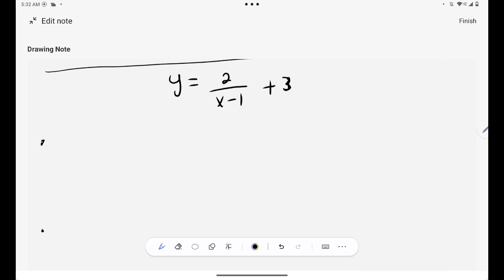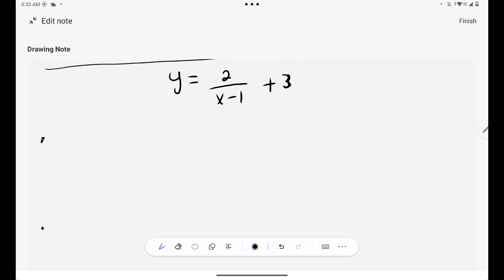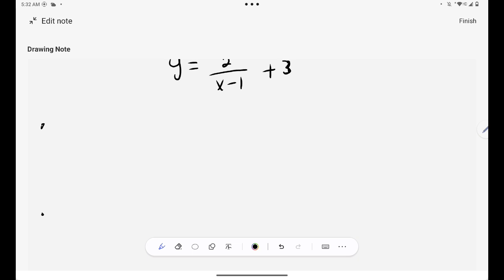The first thing you need to do, and what I like about the question paper is that they will ask you these things bit by bit. Maybe the first question will be like, write down the equation of the asymptotes. Then you write them down. Second question, calculate the x-intercept. You do so. Then calculate the y-intercept. Then you draw the graph. It's as simple as that.